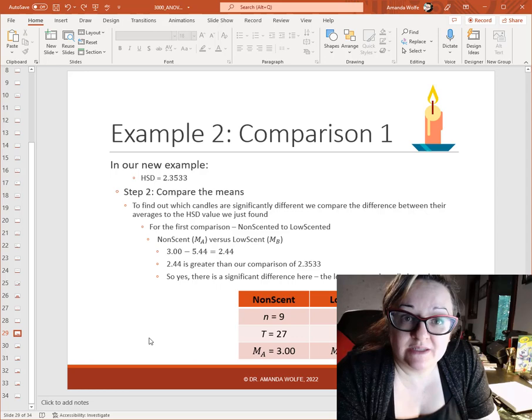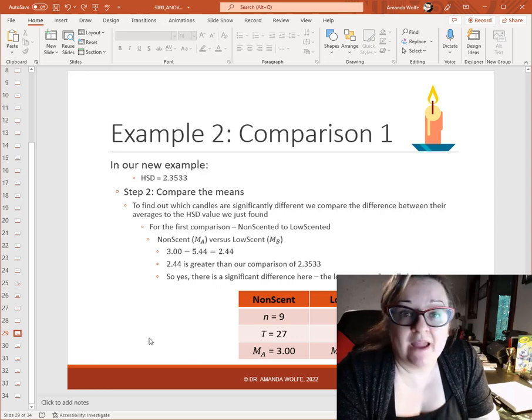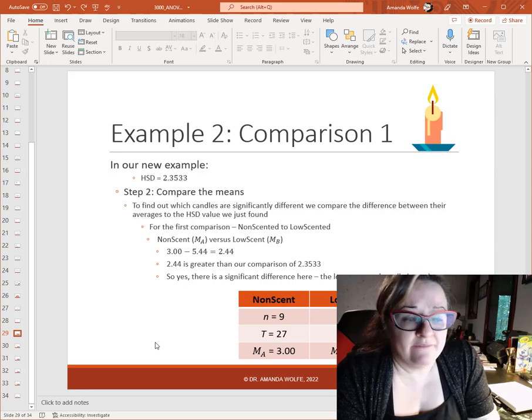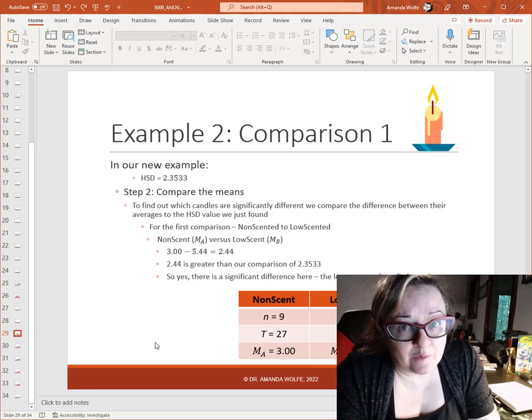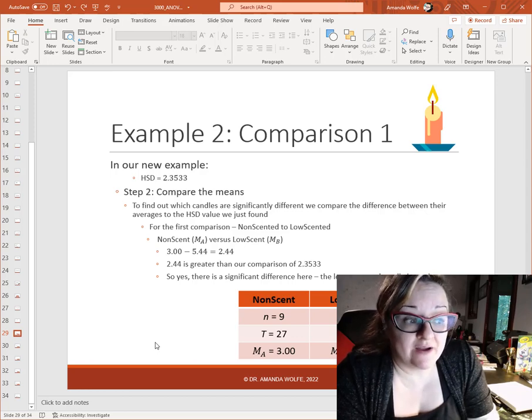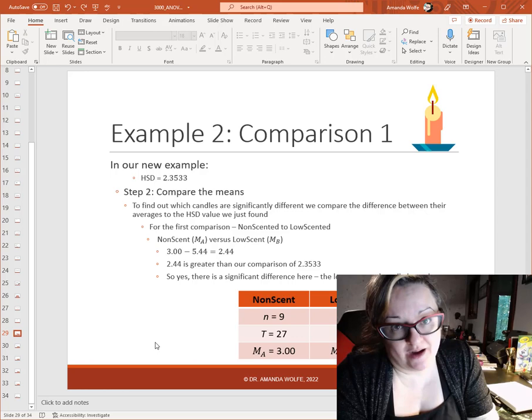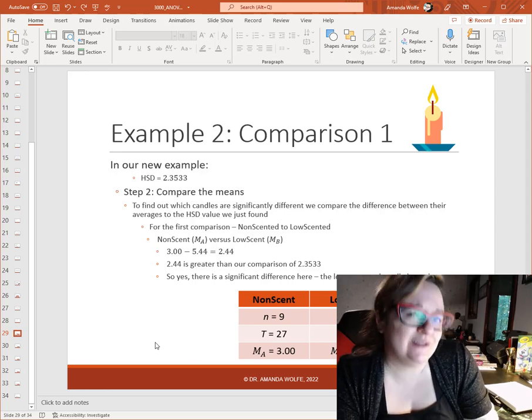When we do these comparisons, we're taking into account things like the average, the variance, the sample size, lots of stuff. So what we're saying here is everybody knows that 5.44 is greater than 3. But with all of these things taken into account, what we're saying is that 5.44 in this specific situation is statistically significantly higher than 3, not just a little higher.